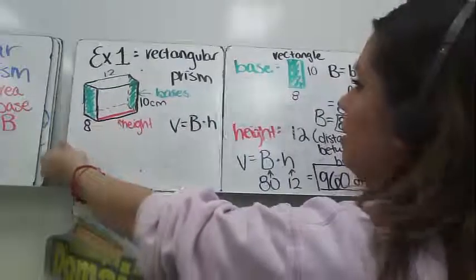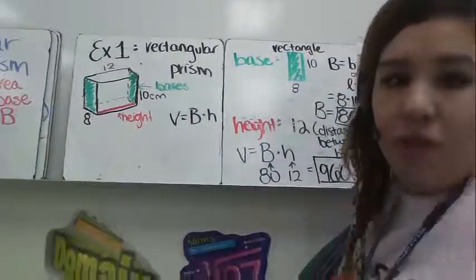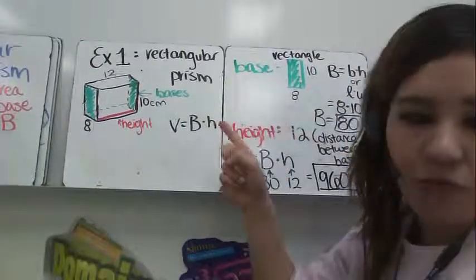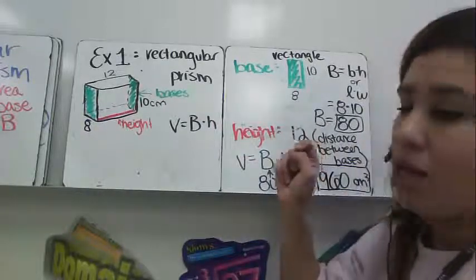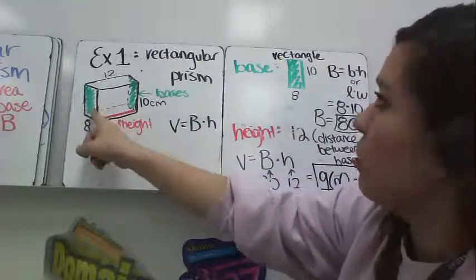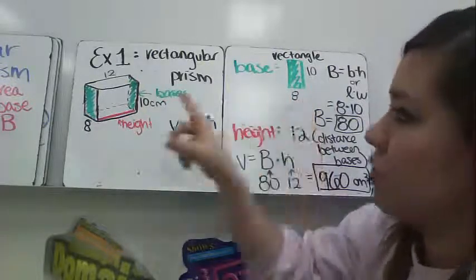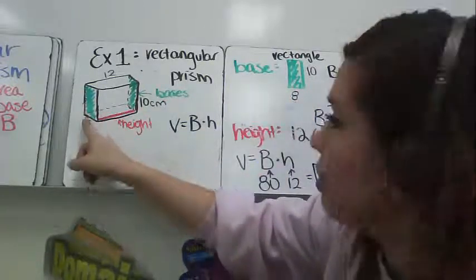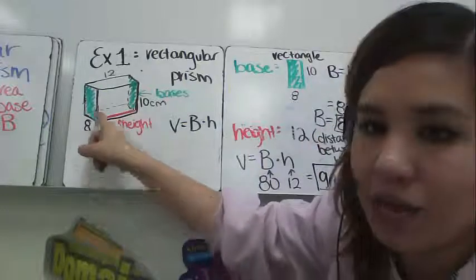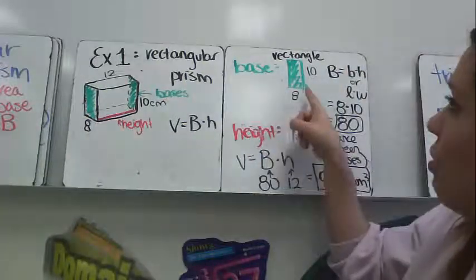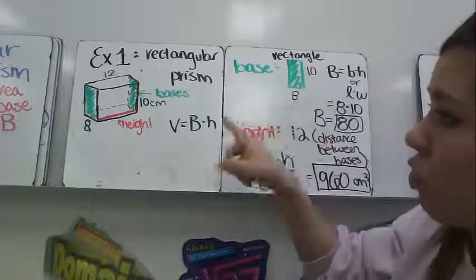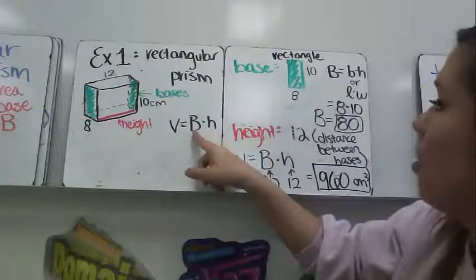Anytime we start off volume, I want you to draw the base. My base was this rectangle, and what are the dimensions of it? If I go back to this one, it was an 8 by 10. So I'm going to write that down. It's an 8 by 10 rectangle. The formula was asking me to find the area of the base.